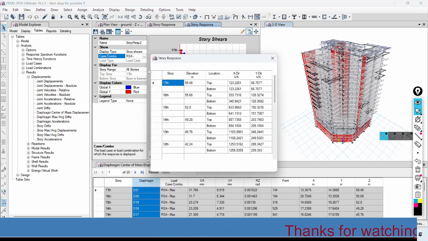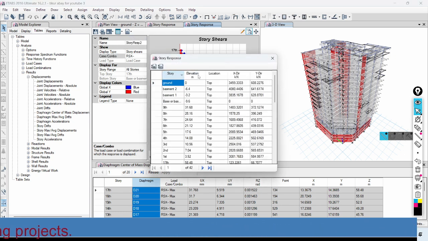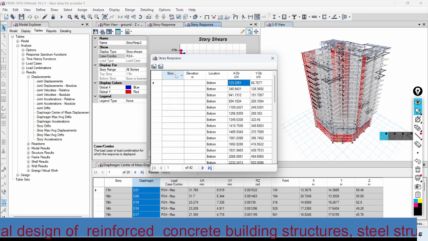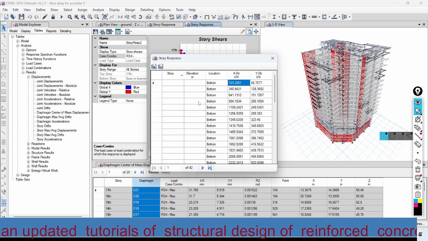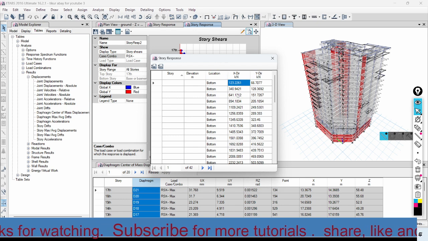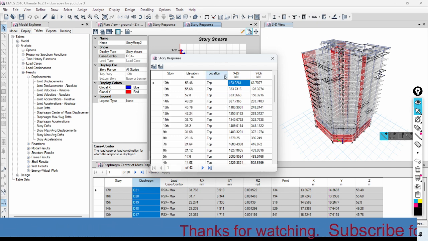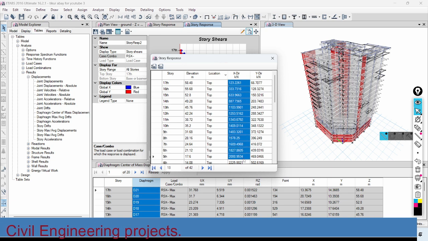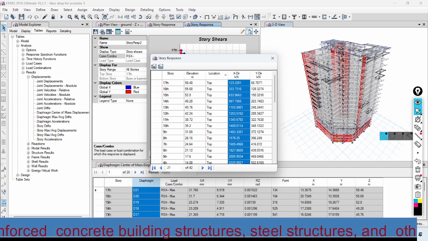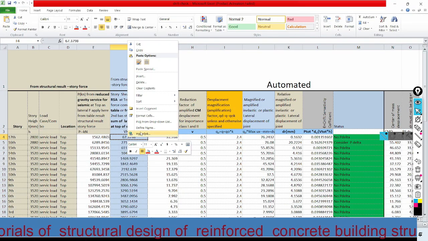So just go to here, and here I need to select the top. So copy this one, Control C. Paste it.